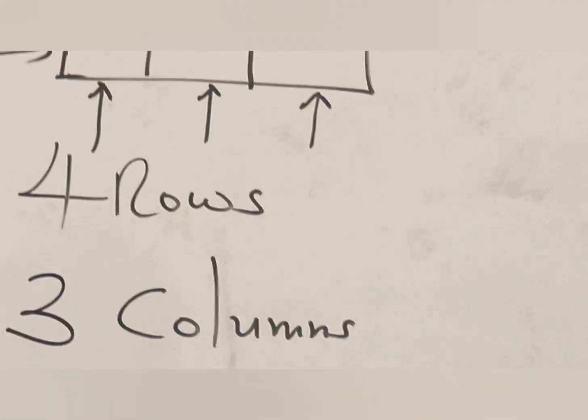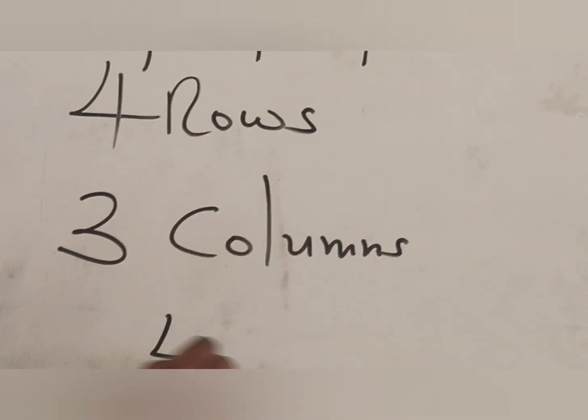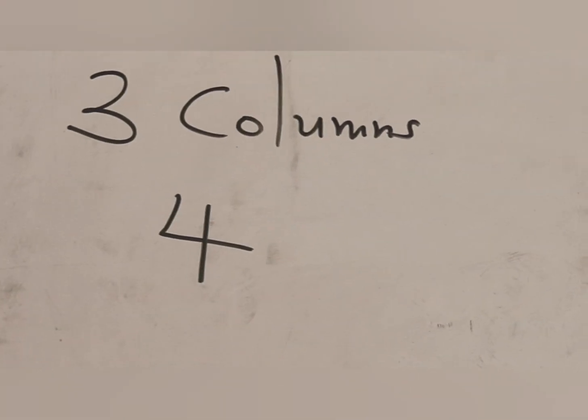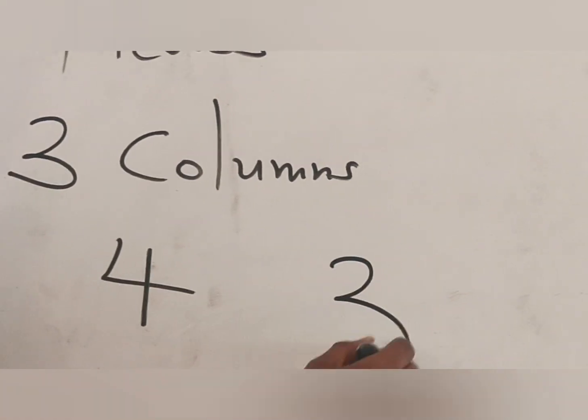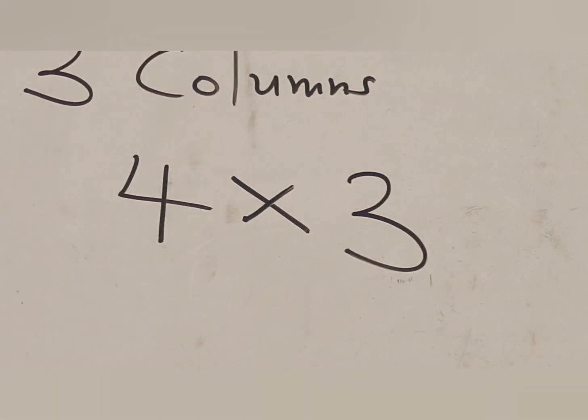When you're able to identify that, you write the number of rows first, write the number of columns second, and put a cross sign in between them.